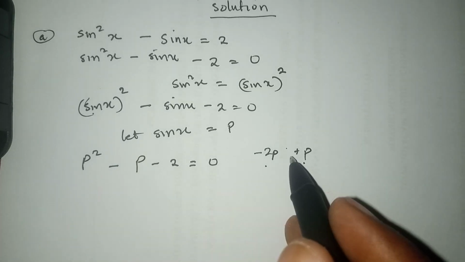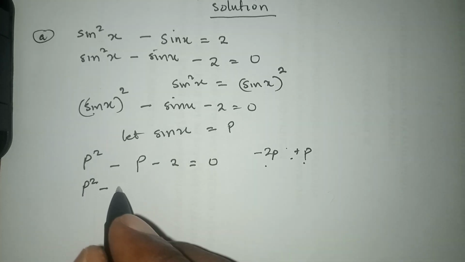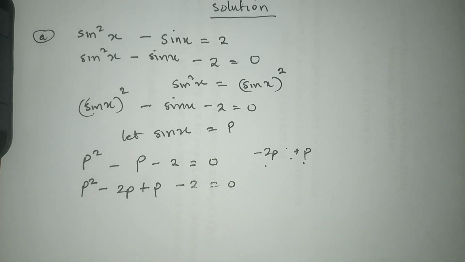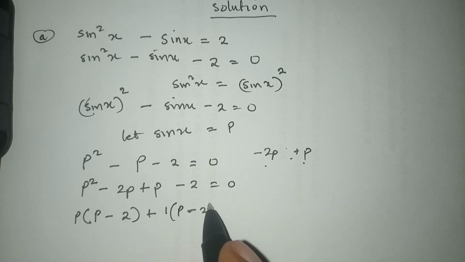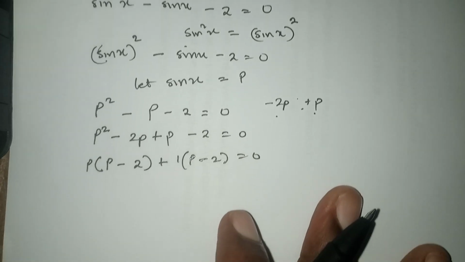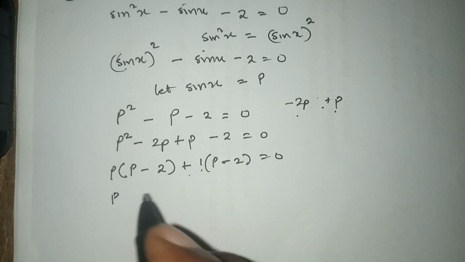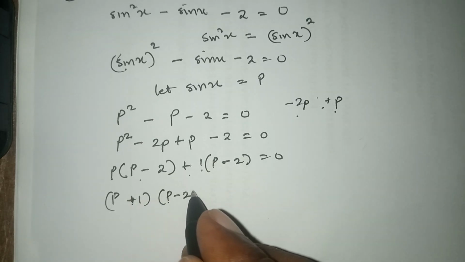Replace this with this. So we have p squared minus 2p plus p minus 2 equals 0. We factorize: p into p minus 2, plus 1, which is a common factor, into p minus 2 equals 0. So p plus 1 times p minus 2 equals 0.